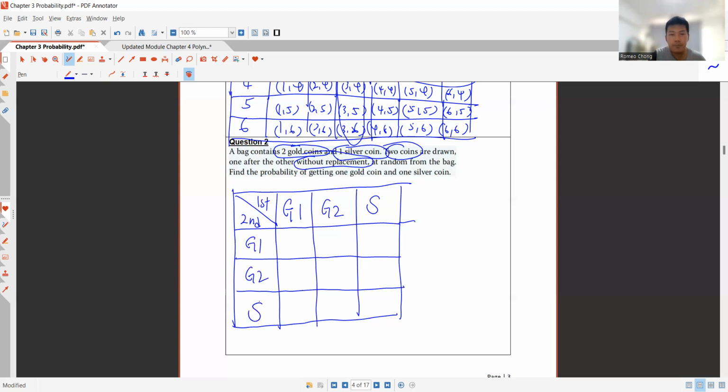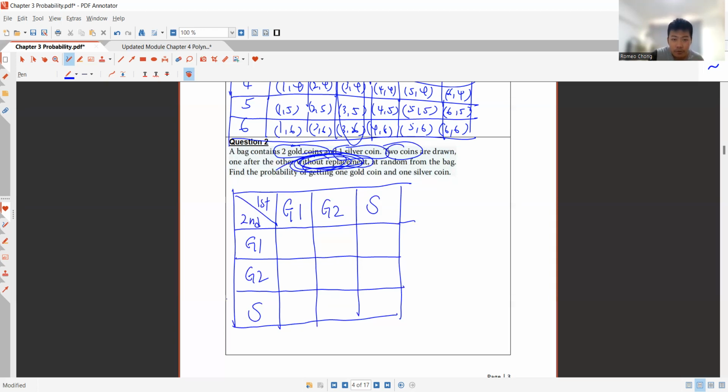Okay, now, in the previous page, I told you that sometimes the combinations cannot happen. Let's say this one. In your first coin, if you pick G1 as your first coin, and then you never put back, because of this word, without replacement. If they say without replacement, you don't put back, meaning that inside the bag, there is only G2 and the silver coin left.